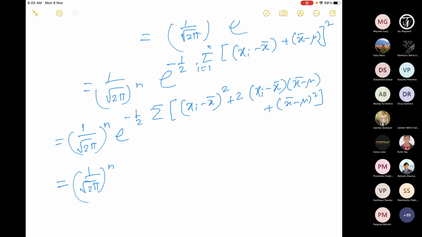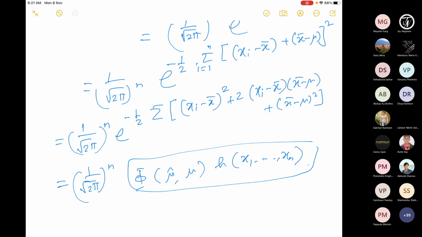I want to factorize this as a function of mu hat and mu, times some function of x1, x2, ..., xn. So how do I do that?